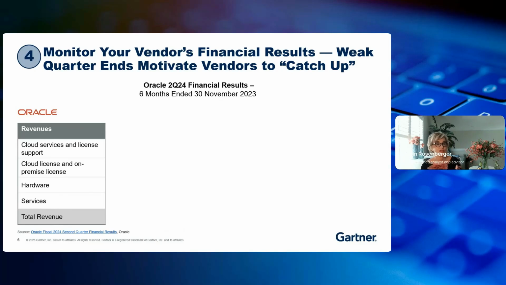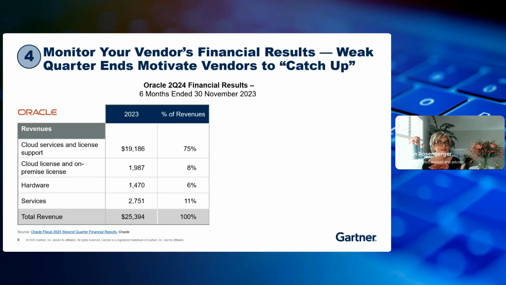So here's what the example is. Now, this is from last year. And when Oracle closed their first half end, this is how they looked. Now, this looks like it's more than a year ago, but Oracle's fiscal year ends May 31st. So if the fiscal year ended May 31st of 2024, their first half ended November of 2023.